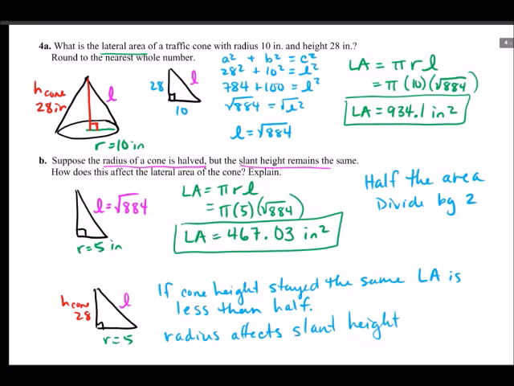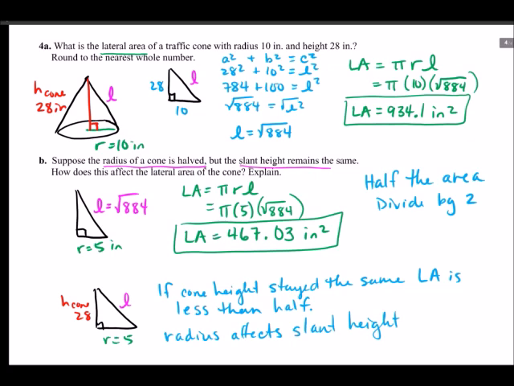Now, something to think about, we weren't asked, but if our cone height had stayed the same and our radius had changed, it would be less than half, because notice here in our Pythagorean theorem that the radius will affect the slant height, because we'd be doing 5 squared instead of 10 squared. So it would actually be less than half if our cone height stayed the same. We weren't asked that, but it's an interesting thought to have anyway.